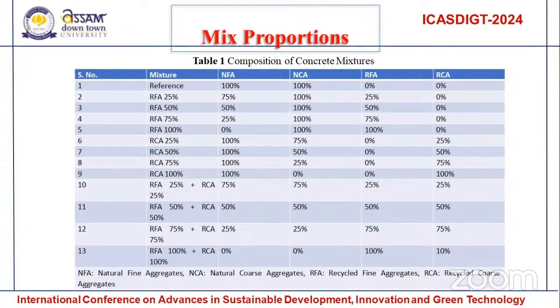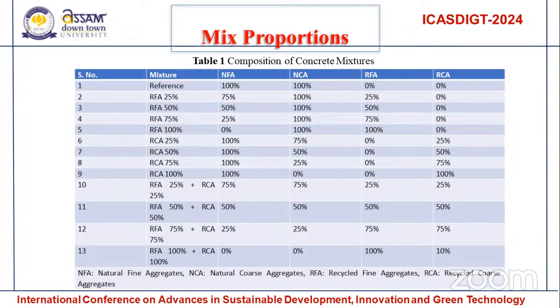These are the compositions of the mixtures we have prepared. Around 13 mixtures are prepared in different compositions. The first is the reference mixture, which is produced completely with natural fine aggregate and natural coarse aggregate. In the other mixtures, the percentages vary from 25 to 100% with respect to the natural aggregates.